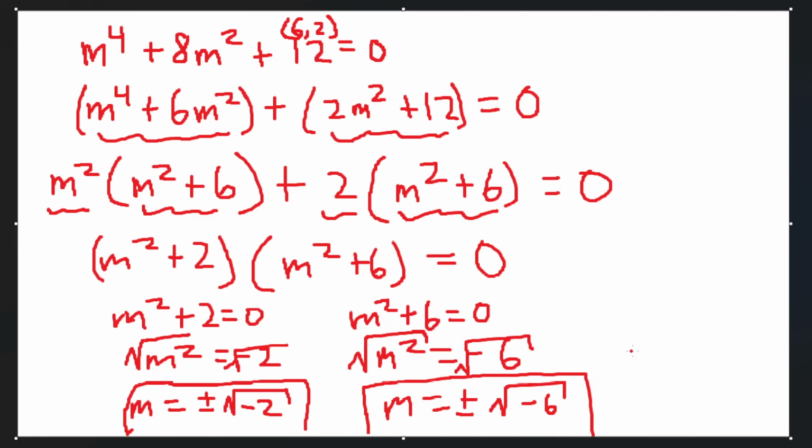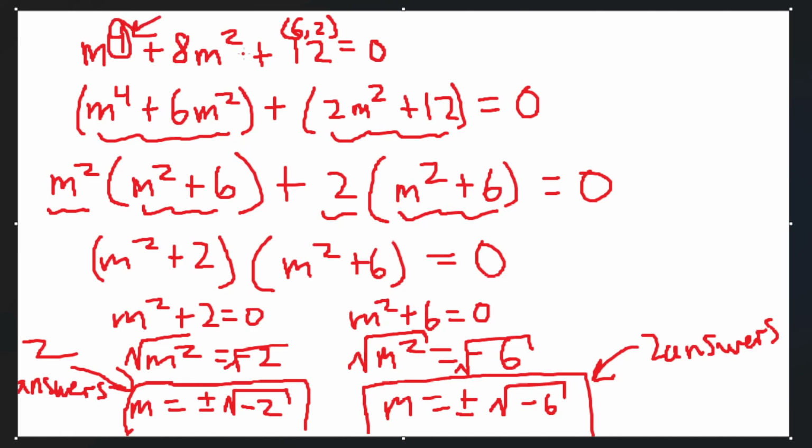So this is two solutions, and this is also two answers. So in total we have four solutions, which matches up with the m to the fourth power, the highest order, giving you four solutions.